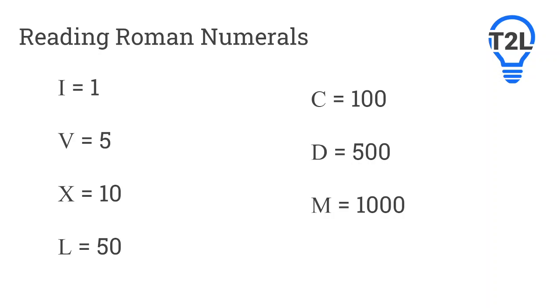And with C, C is like century, and a century has 100 years. With L, just remember that L is half of C. For M, millennium, meaning 1,000 years, and then M equals 1,000. And for D, just remember that D is half of M.